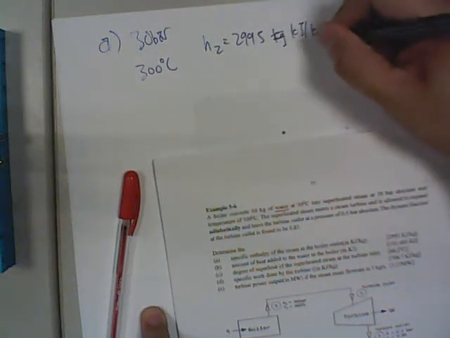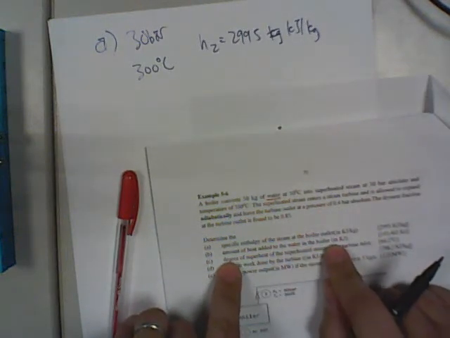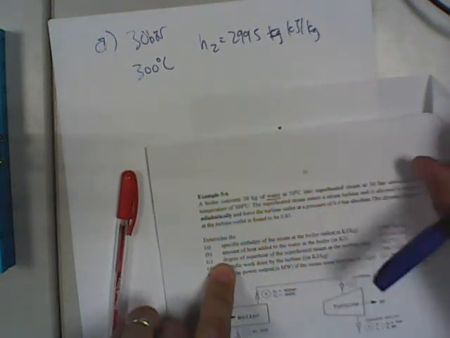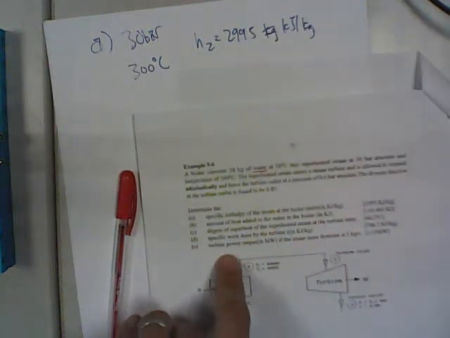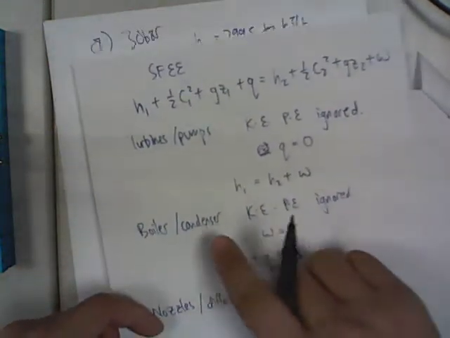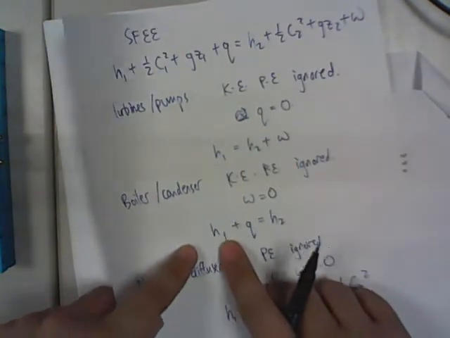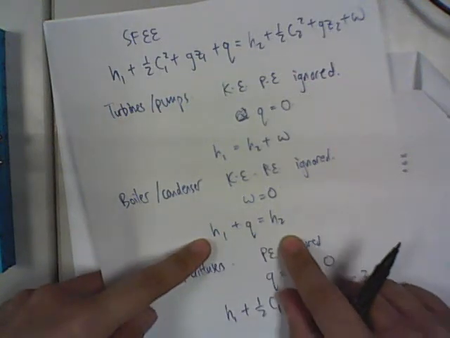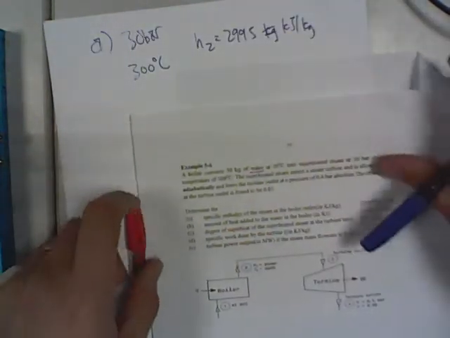kilojoule per kilogram. Now, the amount of heat added to the water in the boiler. Meaning that for the boiler, we use the boiler equation.